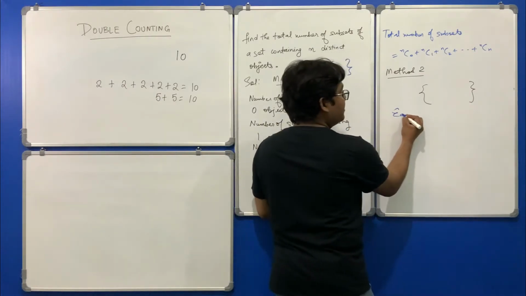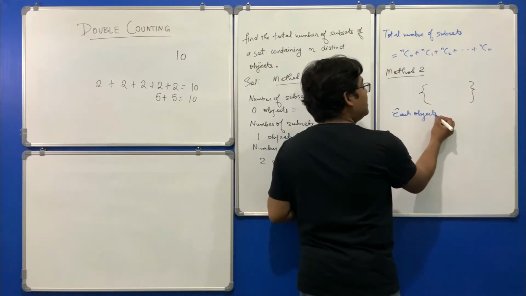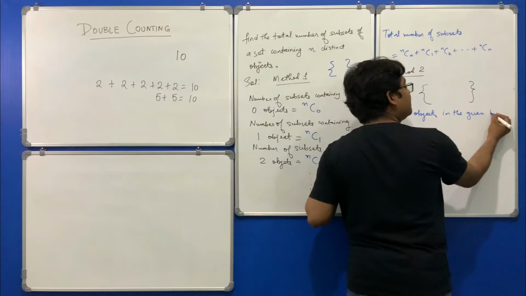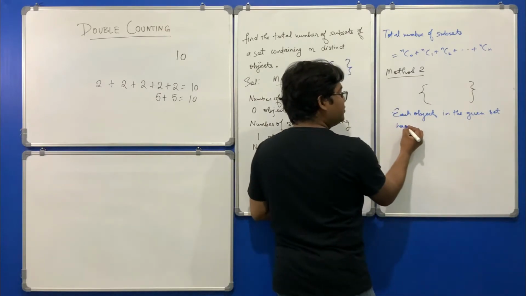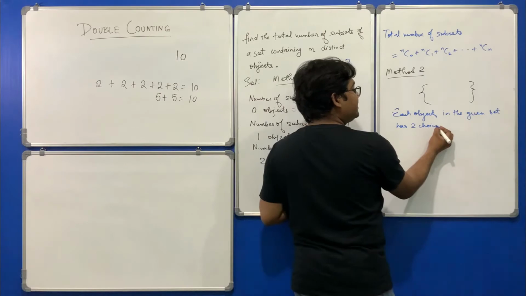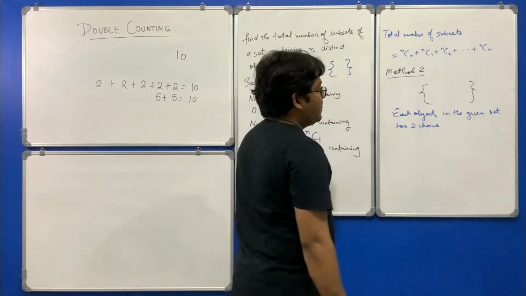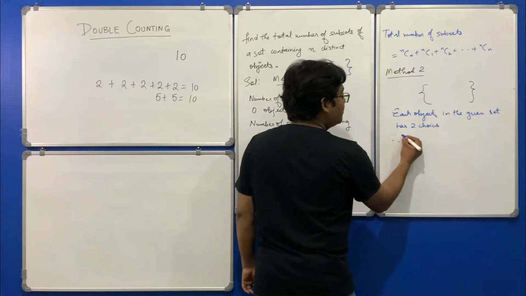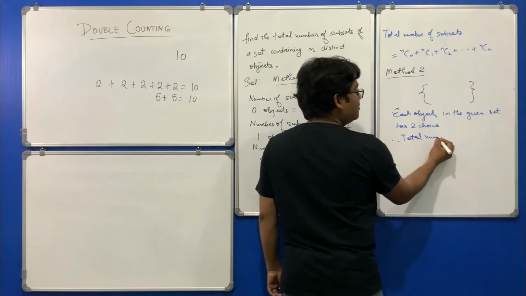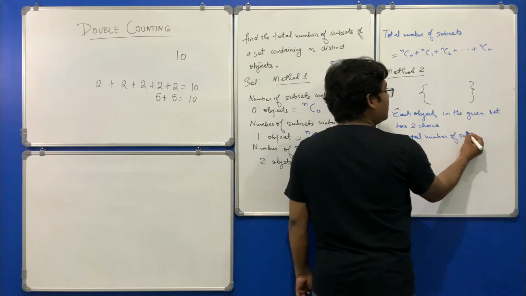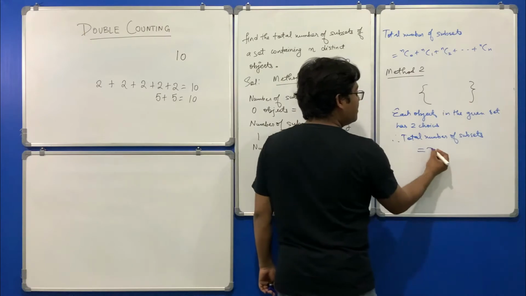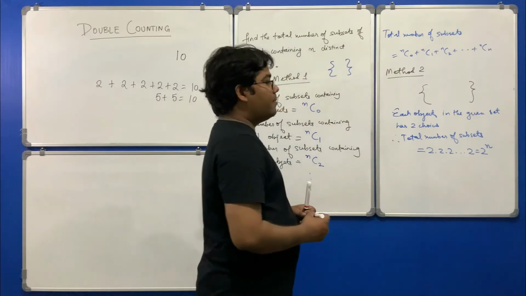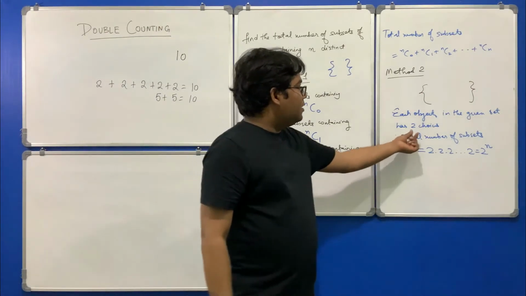That each object in the given set has two choices. Therefore, the total number of subsets is equal to 2 into 2 into 2, n times, and we end up with 2 raised to the power n. Two choices of what?